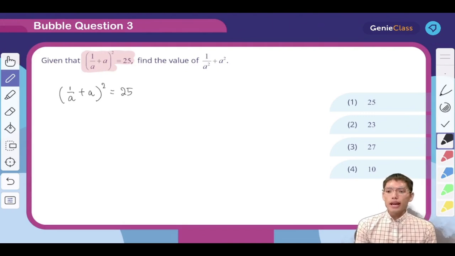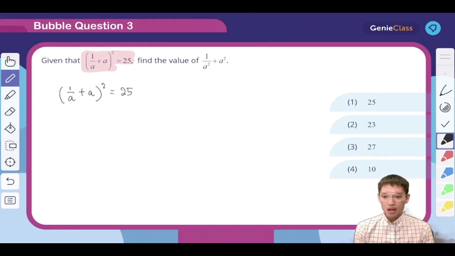Just take note over there. Some of you are falling into the trap. Take note, how would we expand the first one? Yes, I'm seeing most of you are falling into the particular trap for question 3. Alright, last 8 seconds.